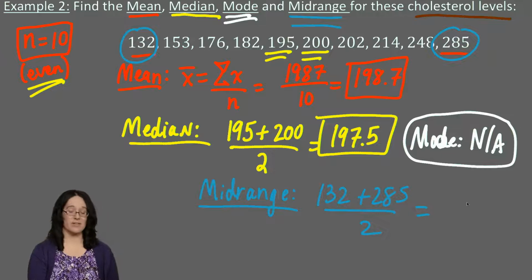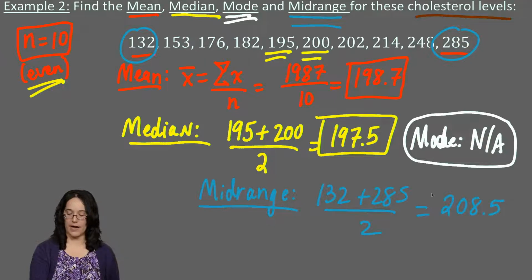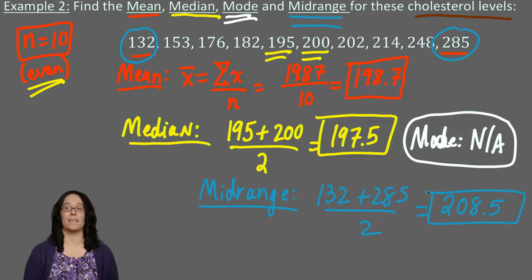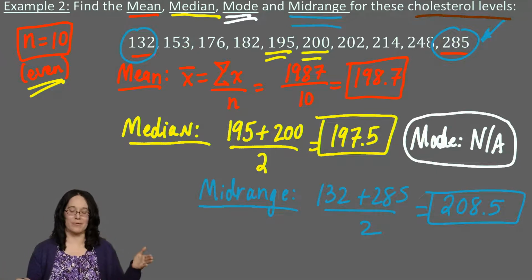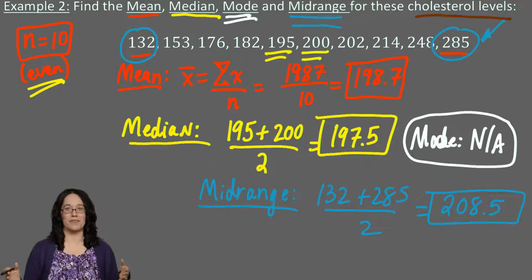Well, I got 417 divided by 2, which not rounded, but became exactly 208.5. No need to round there. Okay, that's a lot bigger, and again, that looks like it was heavily impacted by the extremely high cholesterol value of 285. So that brought up the mid-range, even though the 132 you'd think would have dragged it down a little bit more. Okay, but still not terribly far from where the mean and the median of the sample are.